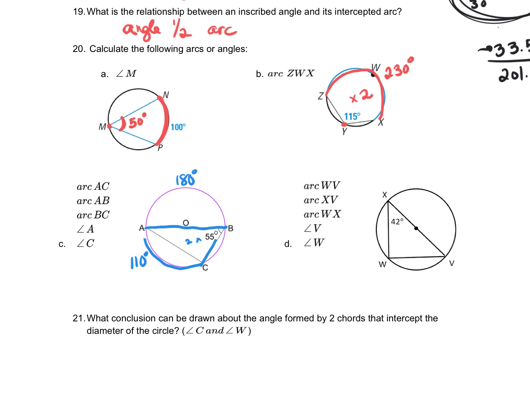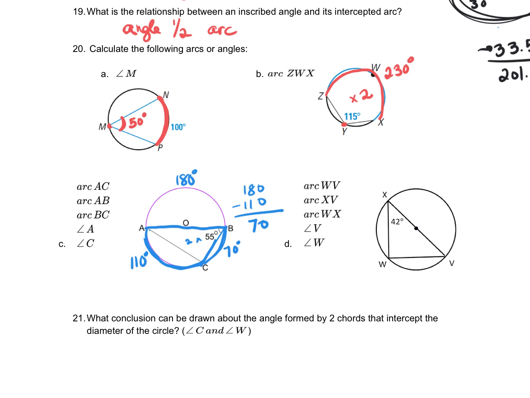And then arc BC. If we know that AB is half, to get arc BC, we can just do 180 minus 110, because half the circle is 180. Well, from A to C, we already know that's 110 degrees. So when I do 180 minus 110, that tells me that BC is an arc of 70.